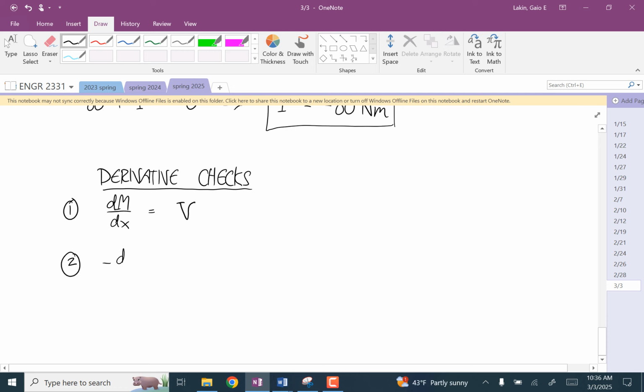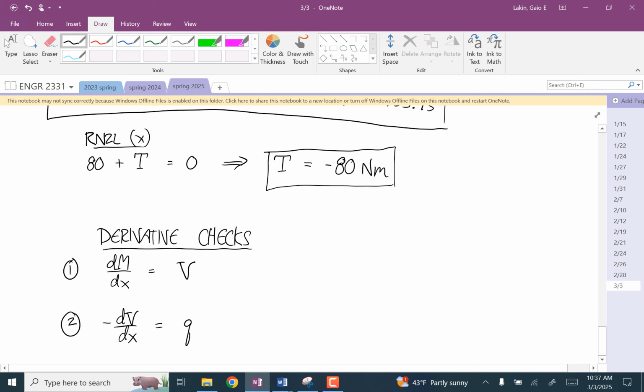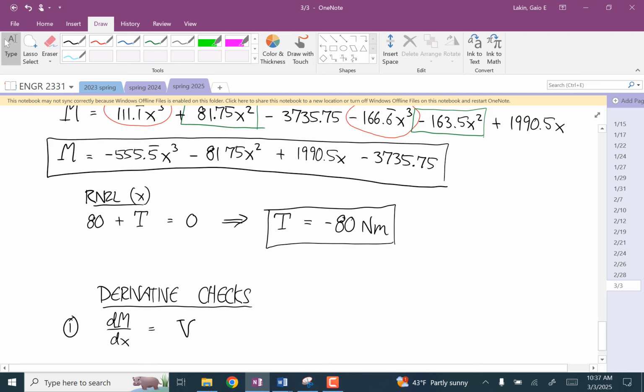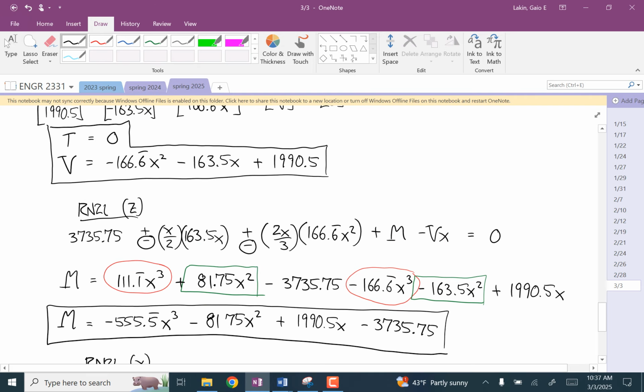And negative dv dx is always equal to q. Okay, so this time we have a function q. So what does that function q mean? Well, let's do the first check first. So dm dx, let's make sure that that equals v. So dm dx, we have negative, oh, this shouldn't have been 555. This should have been just 55. Sorry about that.